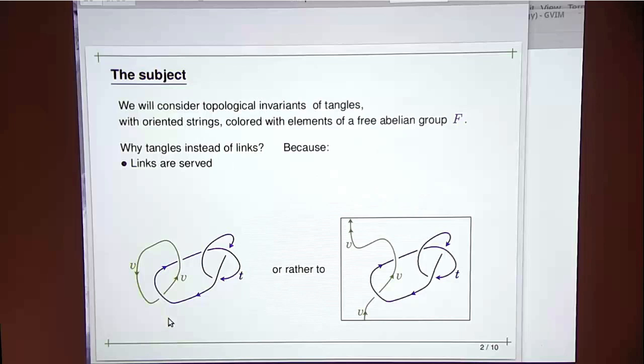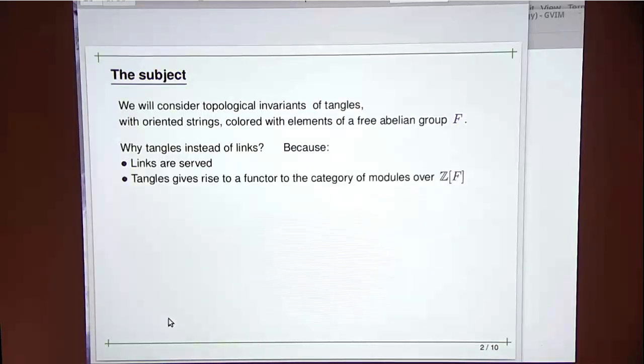Just 0 Euler characteristic may happen. And another reason, tangles give a little bit more. They give rise to a functor to the category of modules over the polynomials, over the elements of this ring.